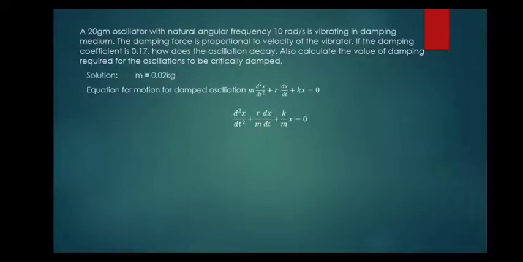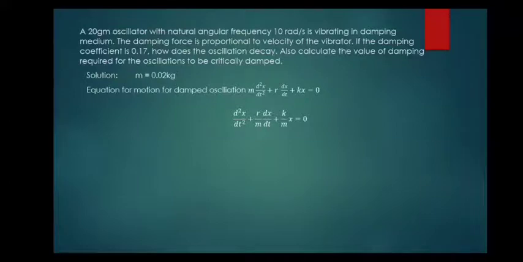So we have the equation of motion for damped oscillations as m d square x by dt square plus r dx by dt plus kx equals 0. So now divide the entire equation by m. You will get d square x by dt square plus r by m dx by dt plus k by m into x equals 0.